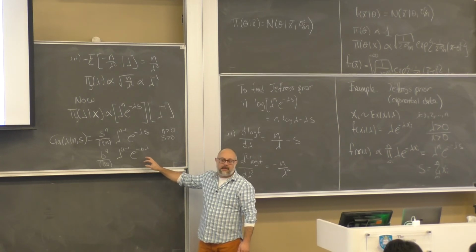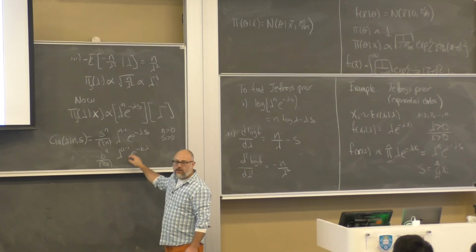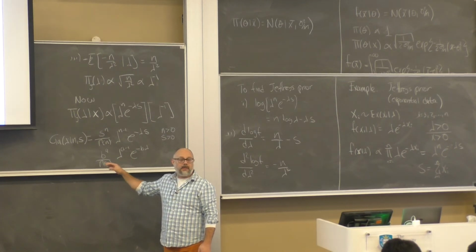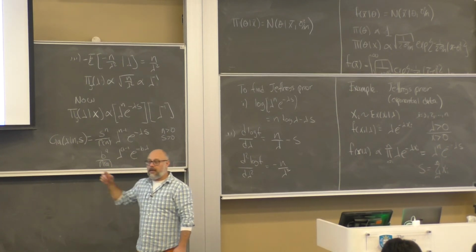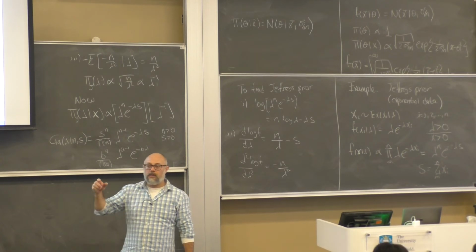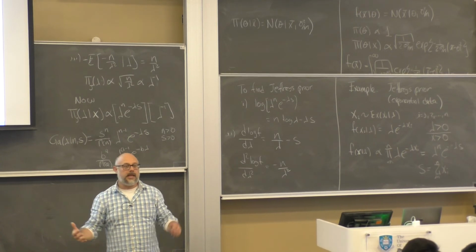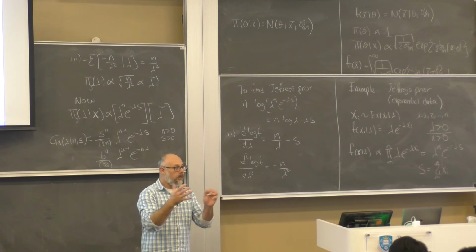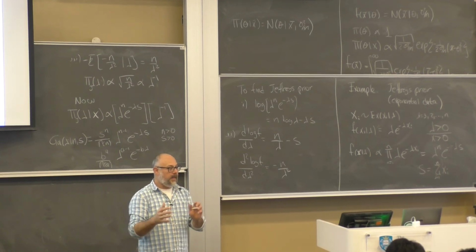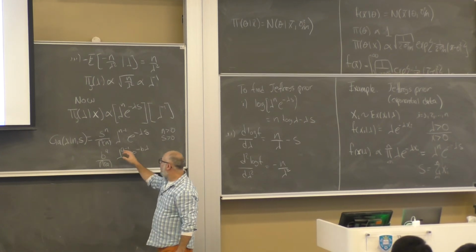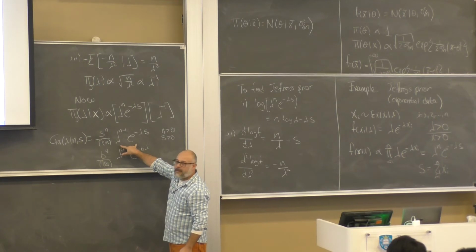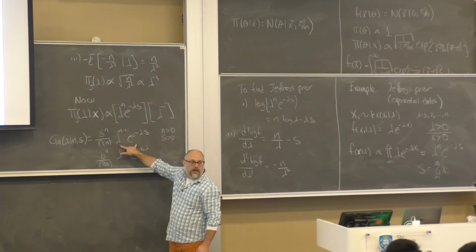This sort of manipulation will be something that we'll be doing constantly in the course. We will multiply the likelihood times the prior. We will shape things in such a way that what we are left with resembles a known distribution.